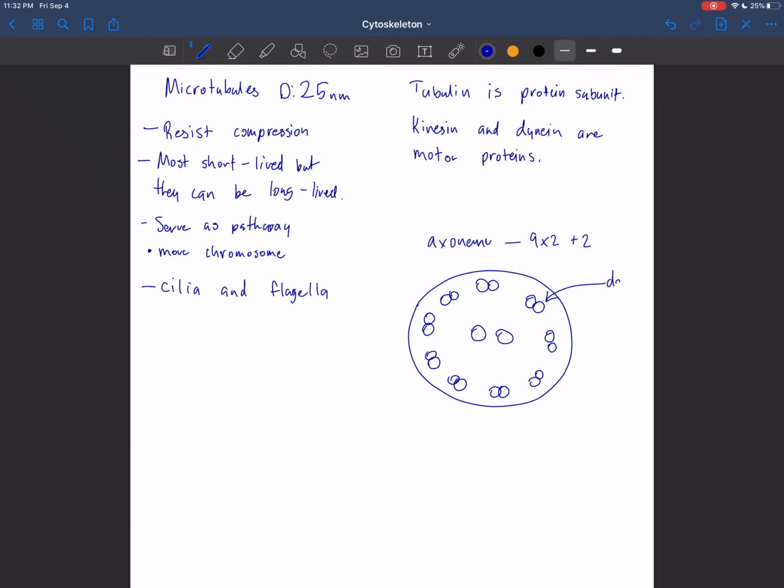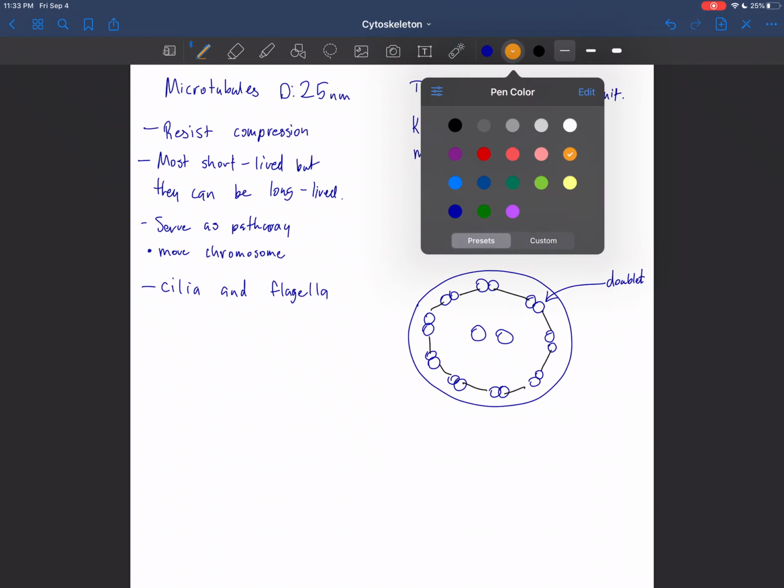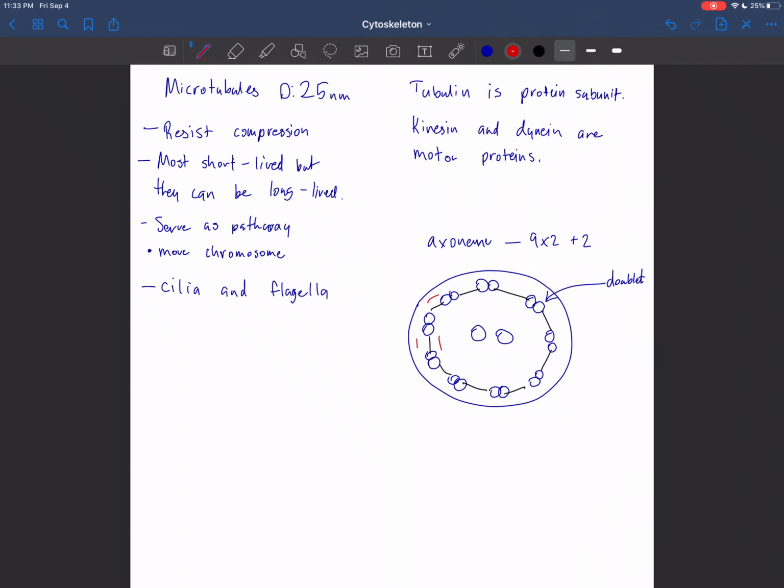These are called doublets. Sorry if this video is running sort of long. I maybe should have split it up. Let me just try and speed it up for y'all. You basically have these little connectors, and you have dynein around them, and that dynein helps pull and push back and forth, and it creates this wiggle movement.